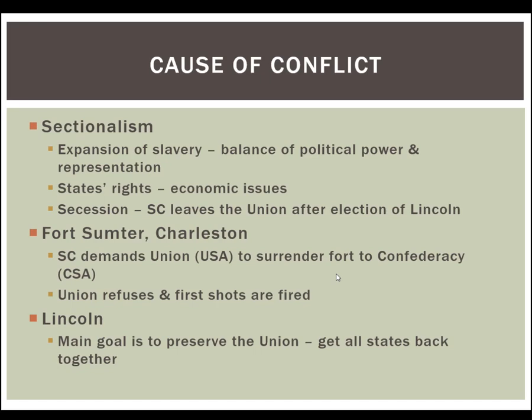President Lincoln's main goal through the entire Civil War is to preserve the Union, to get all of the states back together. That's why he refused to surrender the fort, because he did not recognize secession and wanted to bring South Carolina back into the country.